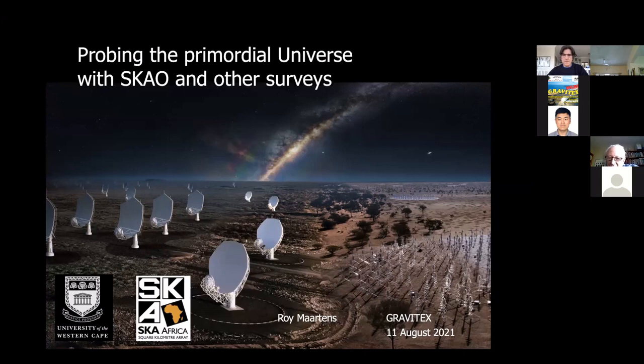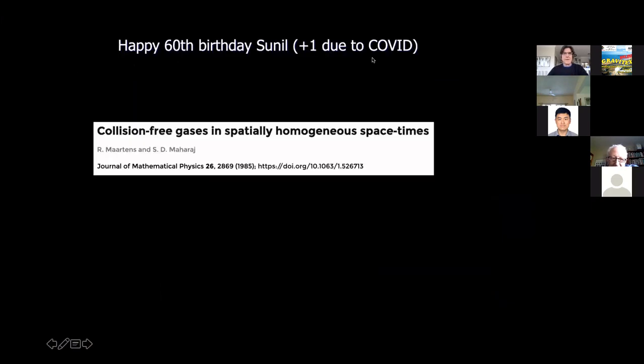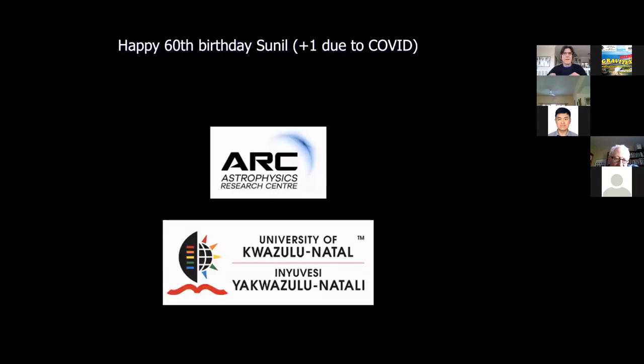Before I start my talk proper, I'd like to just remind the participants that this meeting was supposed to be held last year, which coincided with the 60th birthday year of Sunil Maharaj.